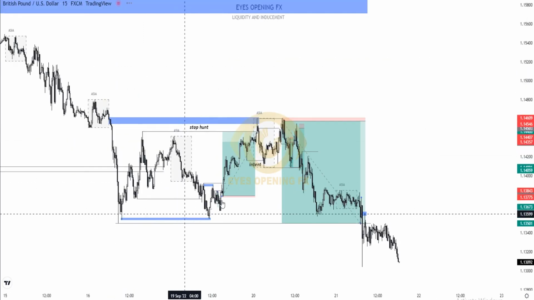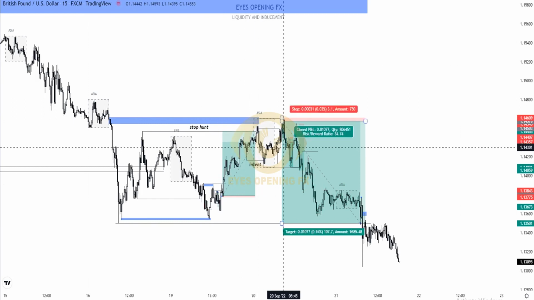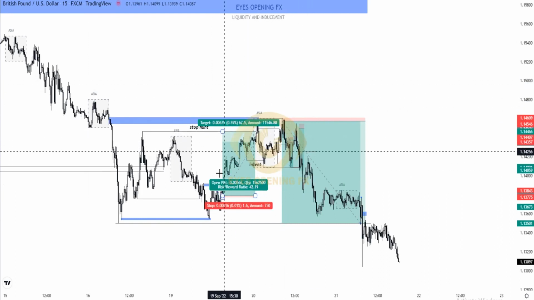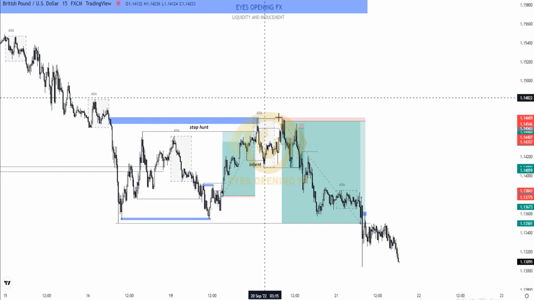So we see how we were able to take this buy, which I also posted on my Telegram channel. We see how we are able to see through this sell move and this buy move to the downside. That's a beautiful work right here.